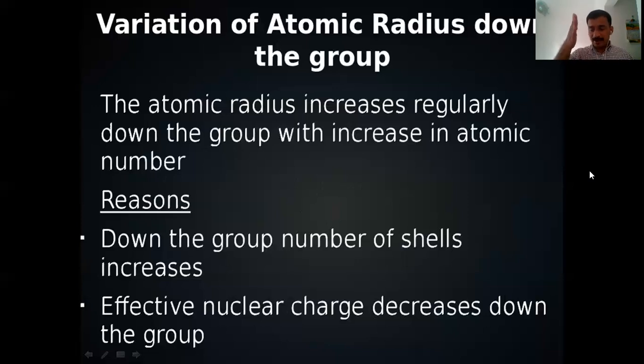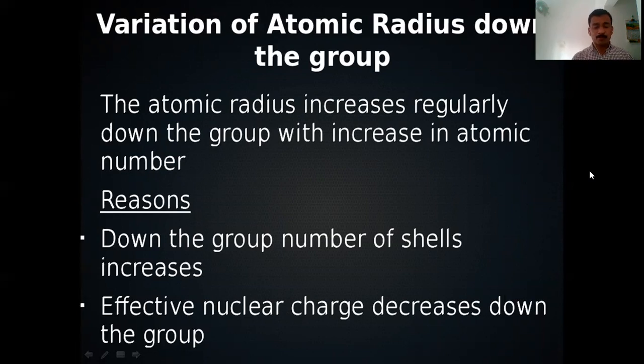If we consider lithium 1s2 2s1, sodium 1s2 2s2 2p6 3s1. So 2s1, 3s1. In lithium only 2 shells, sodium 3 shells, potassium 4s1, 4 shells. So as we move down the group, number of shells increases.